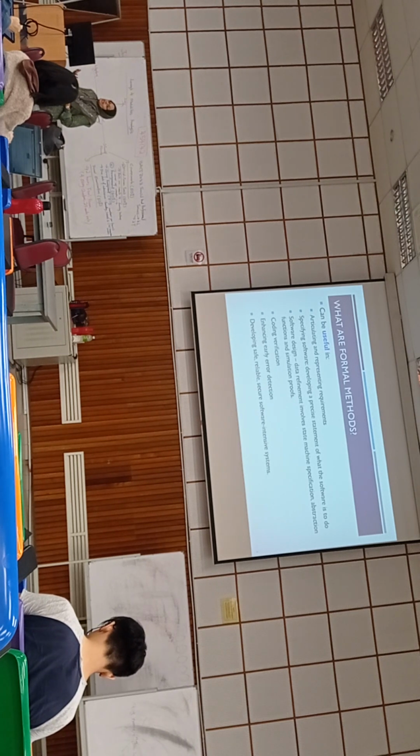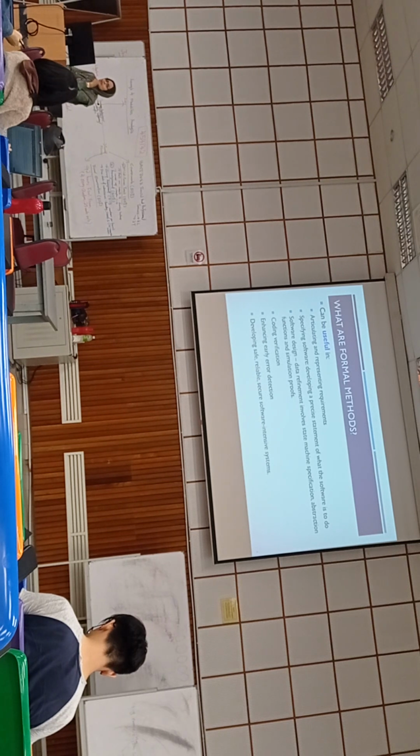So when you do this, you can say that this statement is wrong, or that this statement is correct. People won't ask, is this correct or wrong? We won't have this kind of scenario when we talk about formal methods.